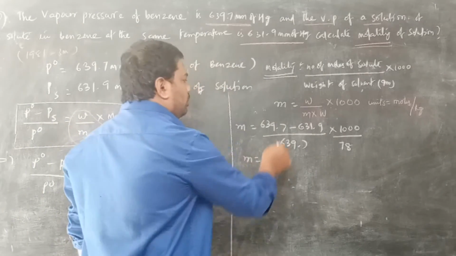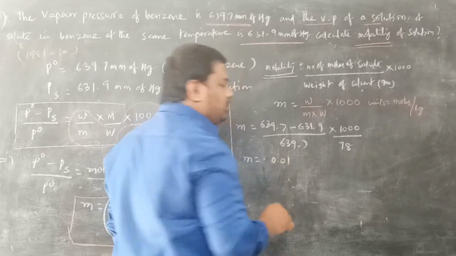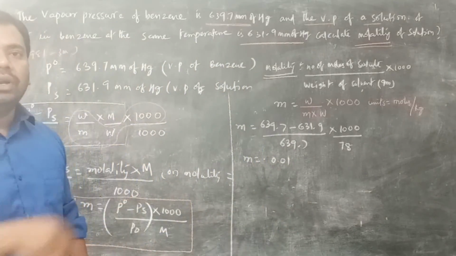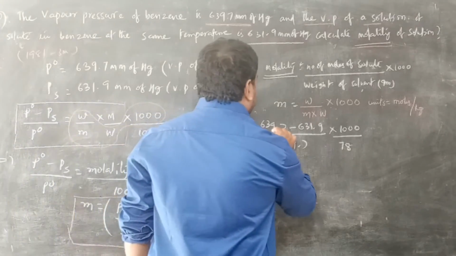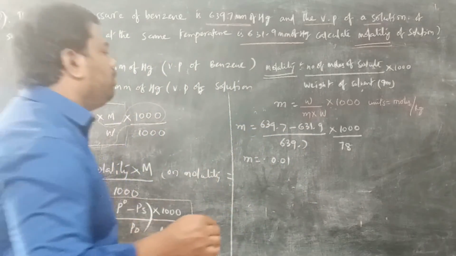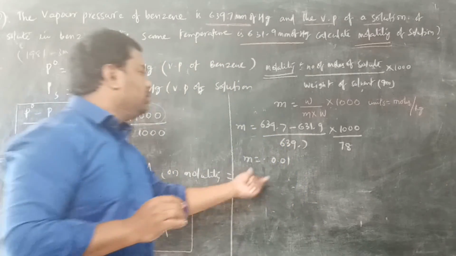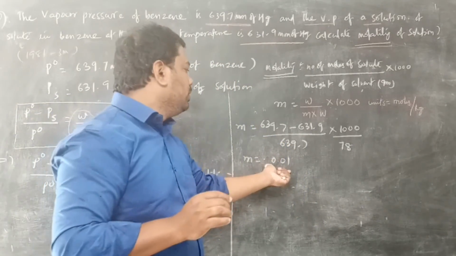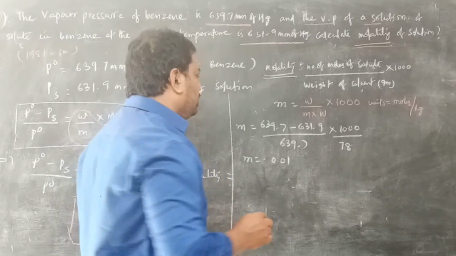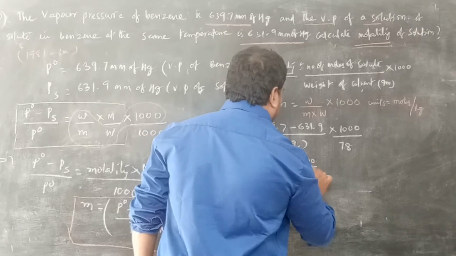After simplification, the value is 0.01. So (639.7 minus 631.9) divided by 639.7 is approximately 0.01, into 1000 by 78.